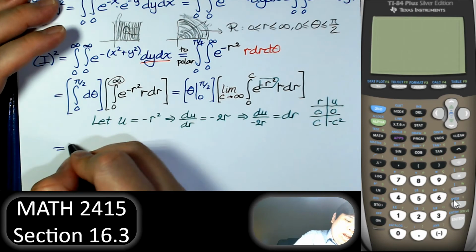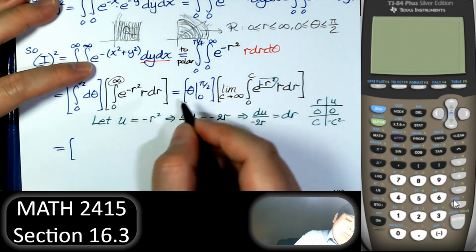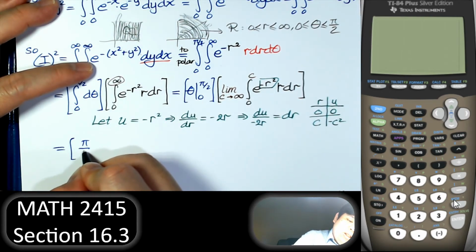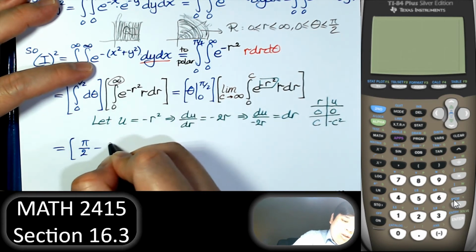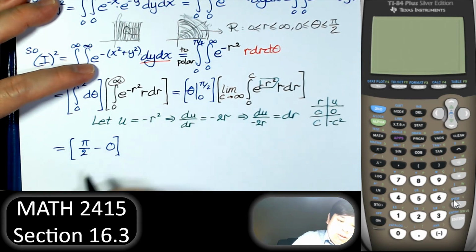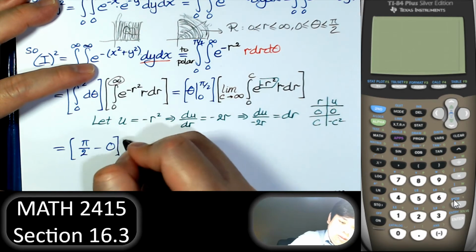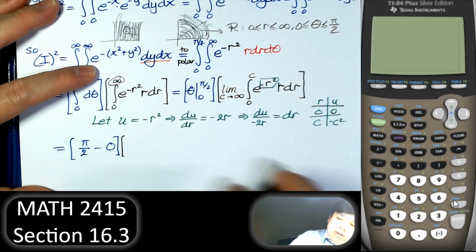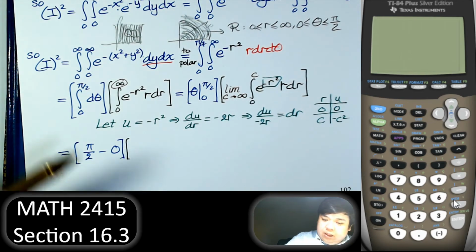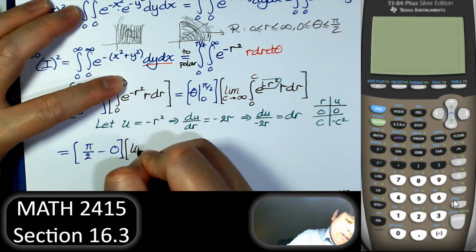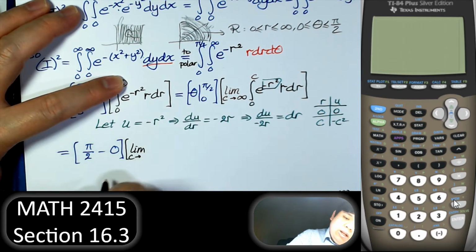Continue the integral. We have pi over 2 here, and we still have the limit as c goes to infinity.